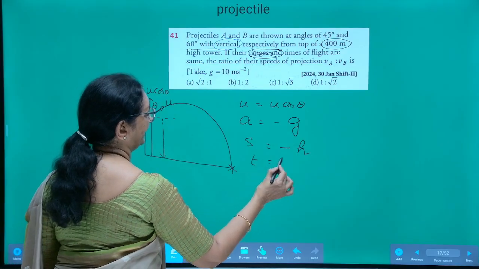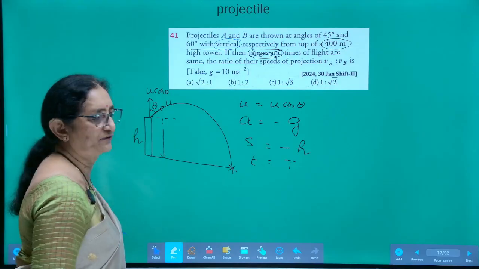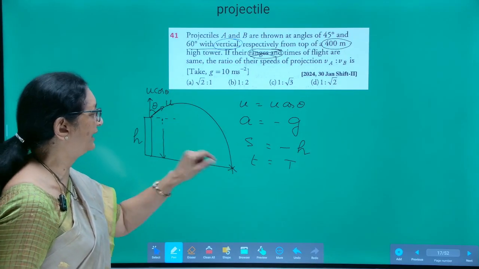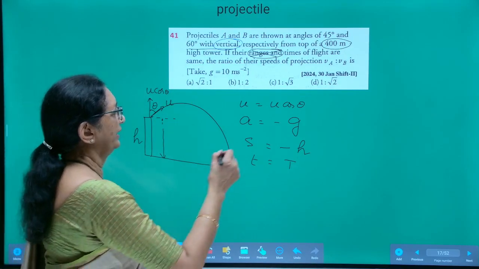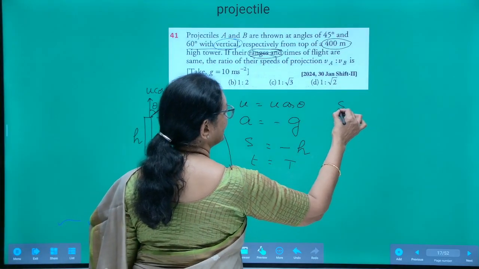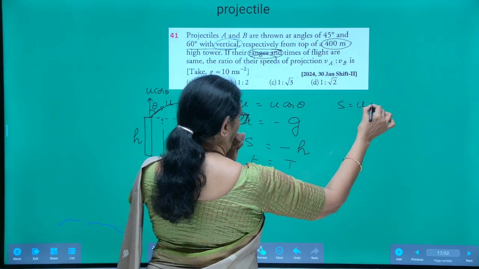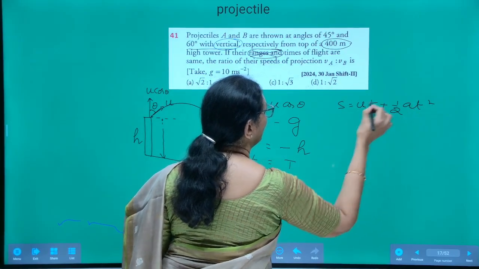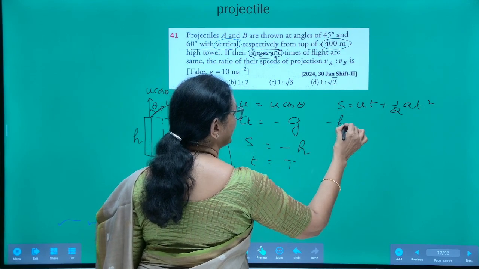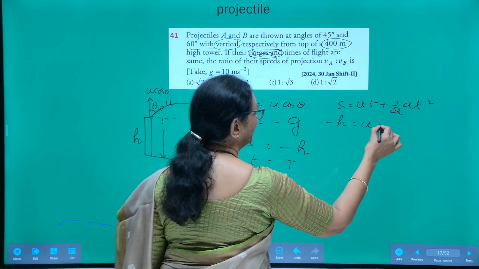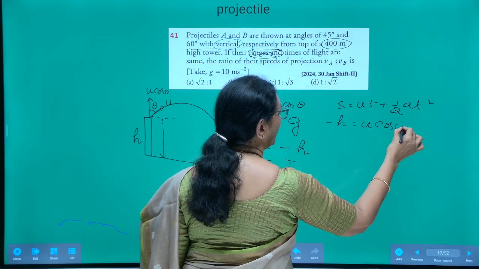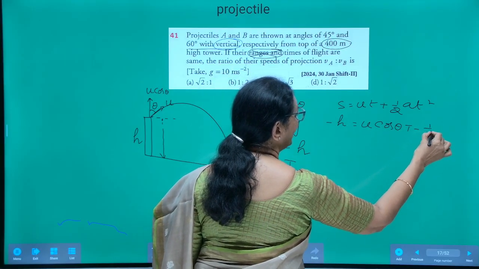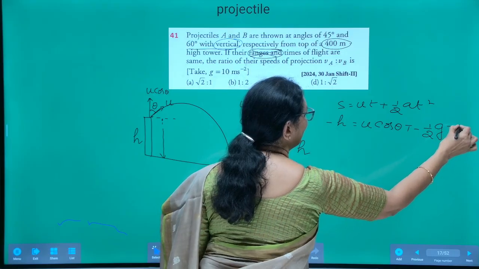Time is capital T, the time taken by the projectile to reach this point. So, as s is equal to ut plus half at square, here minus h is equal to u cos theta t minus half g t square.